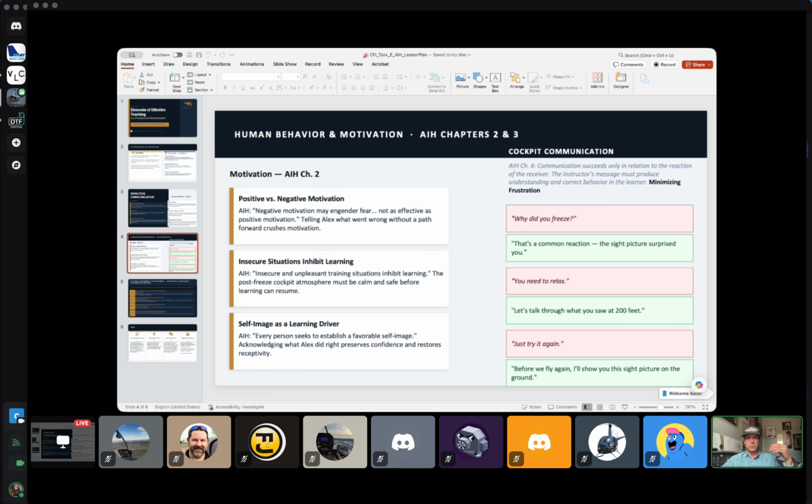Additionally, what happens when a scenario like this plays out? How do you react as a CFI? Do you snap and say, hey, why'd you freeze? Or do you work through positive versus negative motivation, focusing on a positive learning environment?